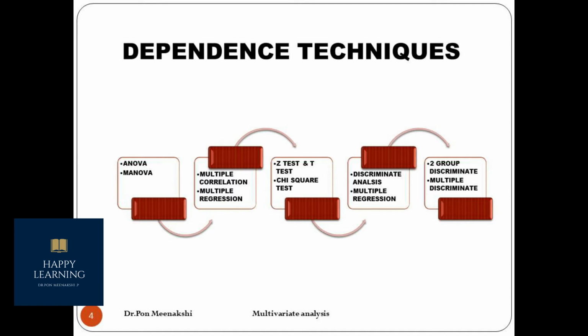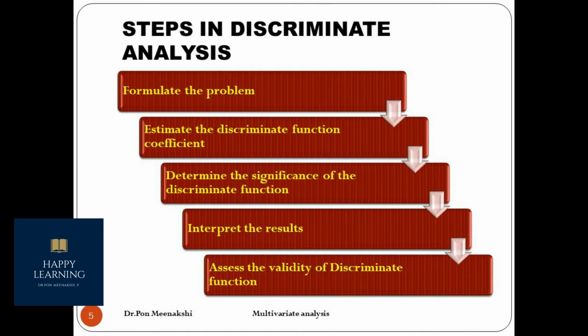But multiple regression is used to predict a dependent variable alone. So discriminant analysis has a criterion variable: two-group and multiple discriminant. Two-group discriminant means the criterion variable has only two categories. Multiple discriminant means more categories are involved.